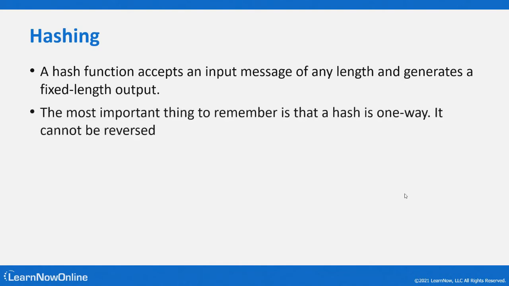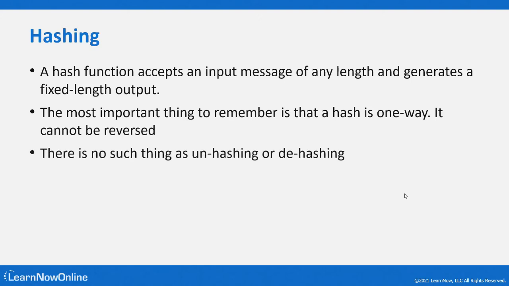When it comes to hashing, the most important thing to remember is that it is a one-way function. It cannot be reversed. There's no such thing as unhashing or dehashing. With encryption, remember, that's a two-way function. We can encrypt something and then we can decrypt it. But with hashing, it's a one-way function. Once an input gets hashed, it could never be unhashed.